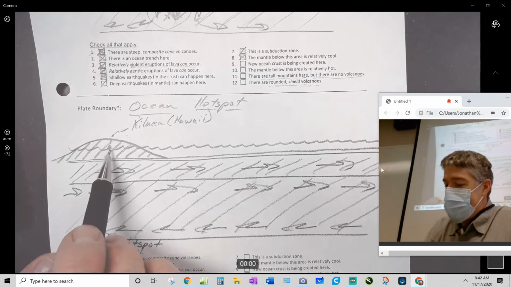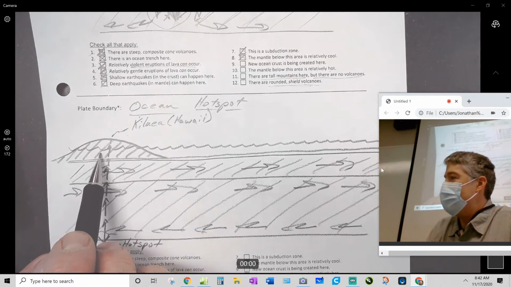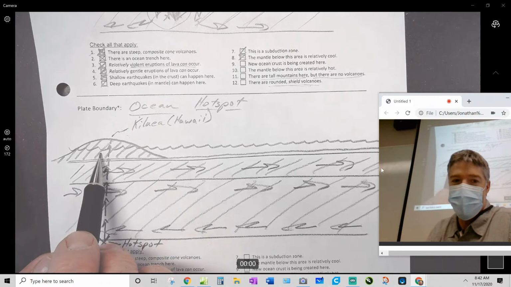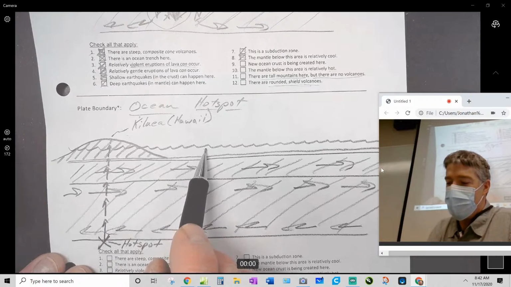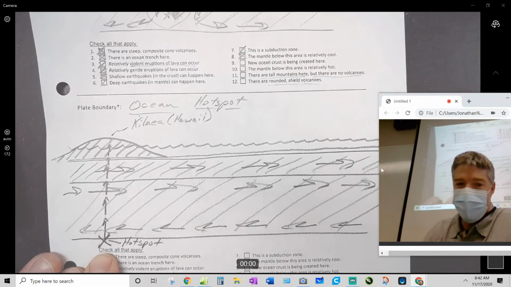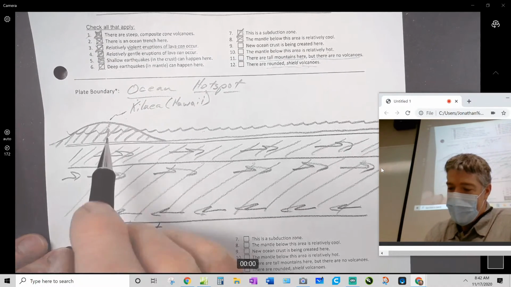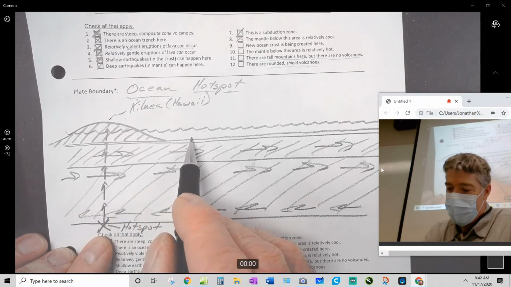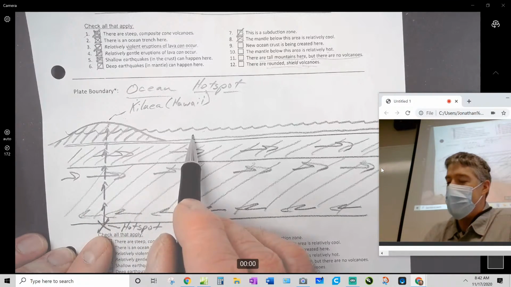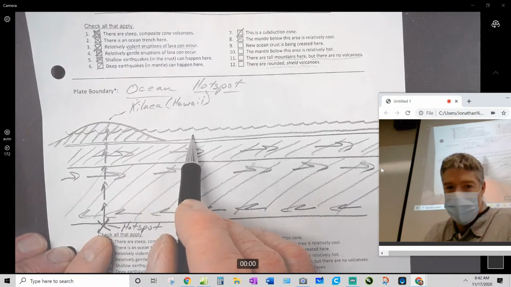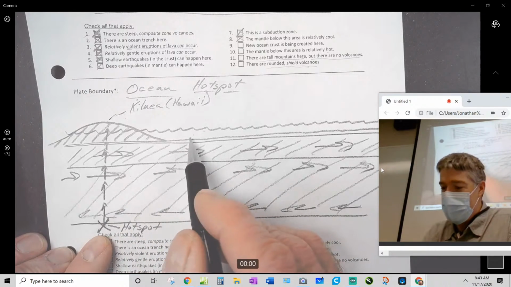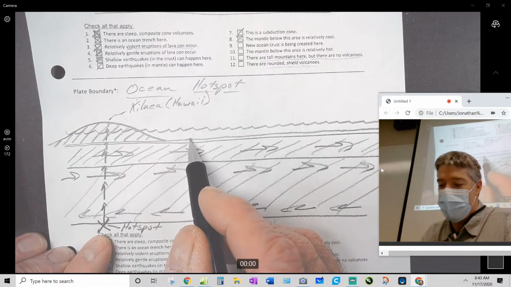Now, over time, this volcano right here is not going to stay right here. It's going to move. Where's it going to go? Over here. And the hot spot is going to stay there, but this volcano is going to move. And when the volcano moves away from the hot spot, it's going to cool off, and it's going to get eroded. So is it going to get bigger or smaller?